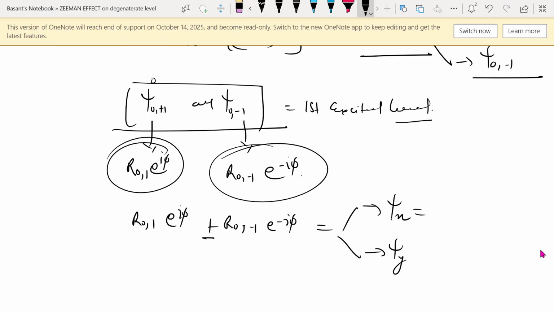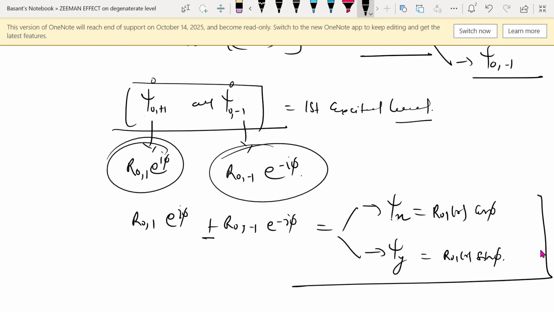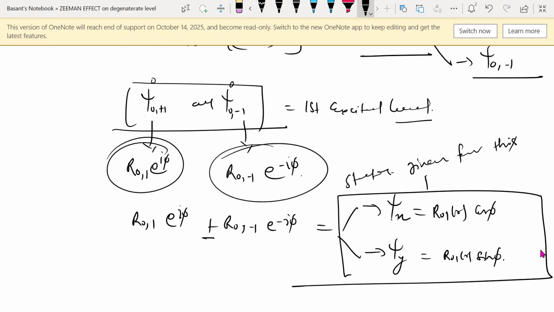These are given as R01(r) cos phi and R01(r) sin phi. These are the states given for this problem.